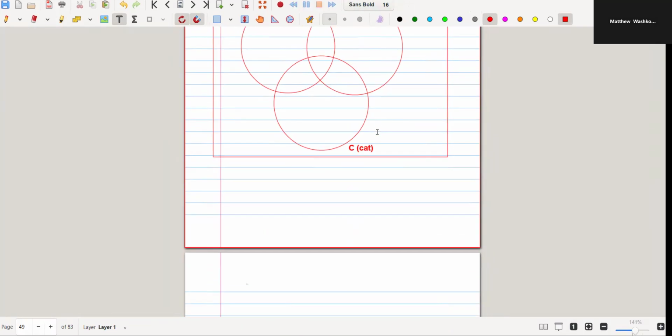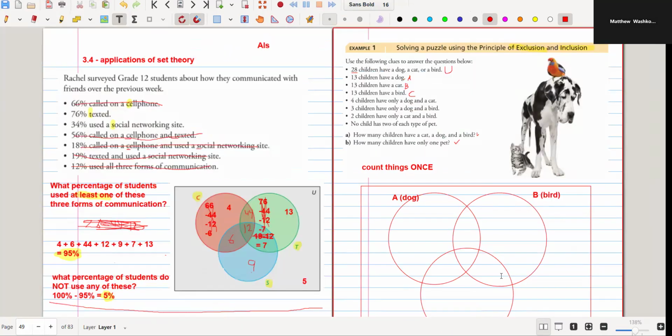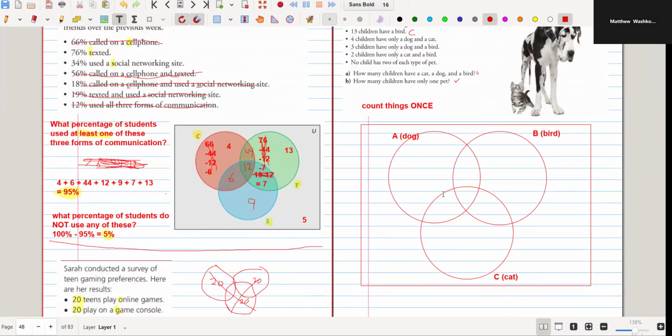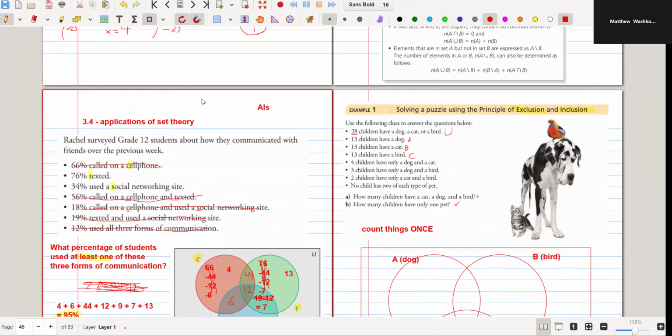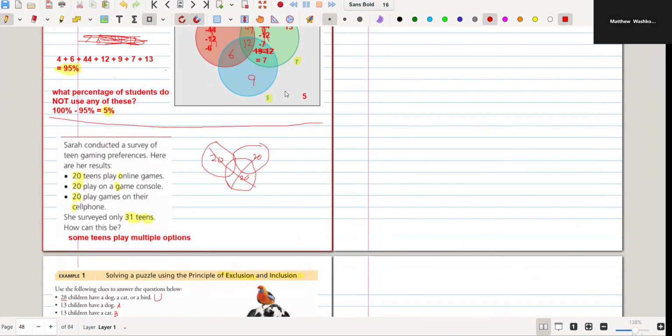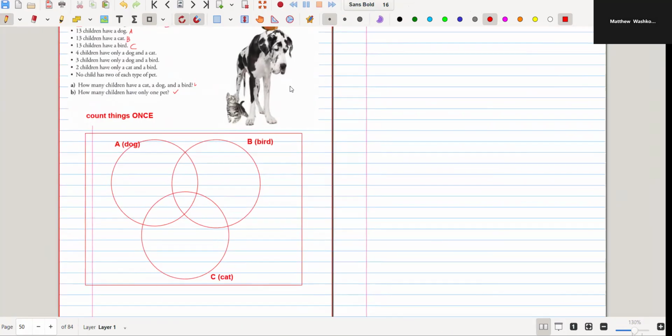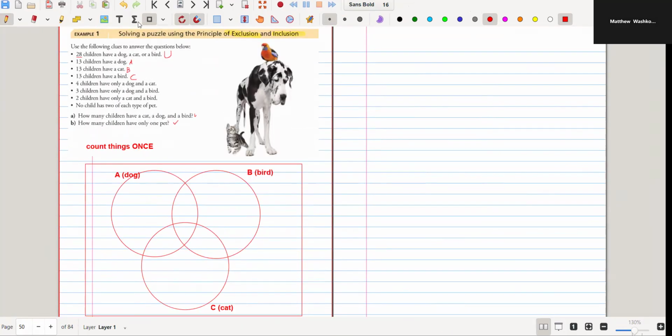Okay, this is going to be easier if we can see the actual question here. So what we're going to do here is, again, the principle of inclusion and exclusion.